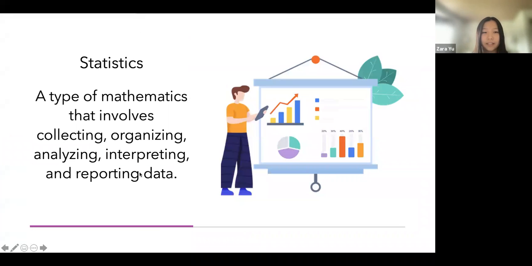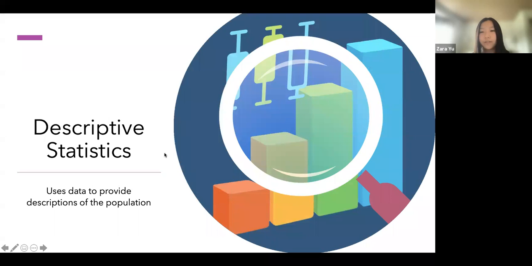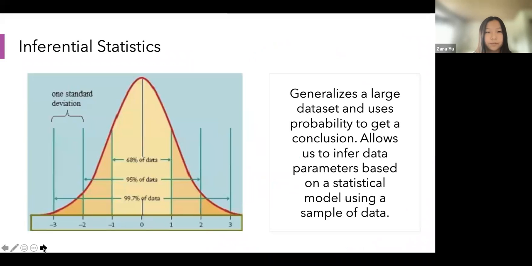So statistics is a type of mathematics that involves collecting, organizing, analyzing, interpreting, and reporting data. There are two different kinds of statistics that we'll talk about. The first one is descriptive statistics, and this essentially uses data to provide descriptions of the population. The next one is inferential statistics.